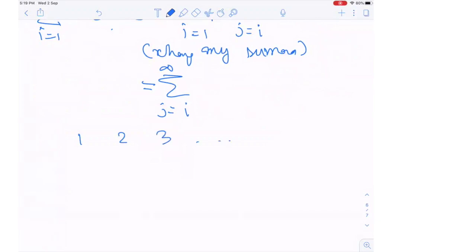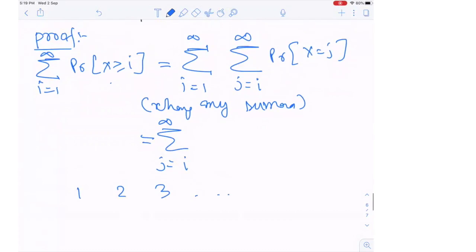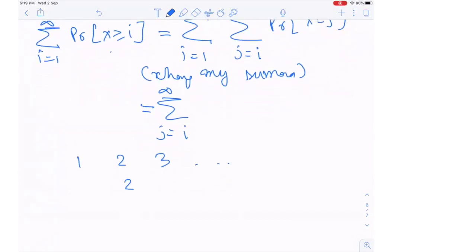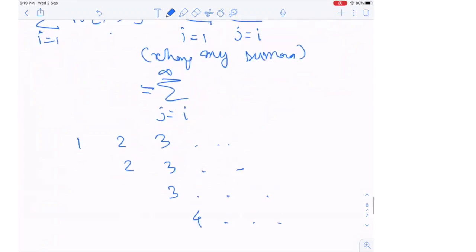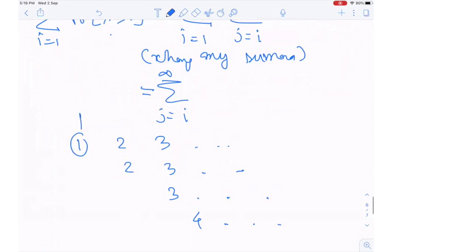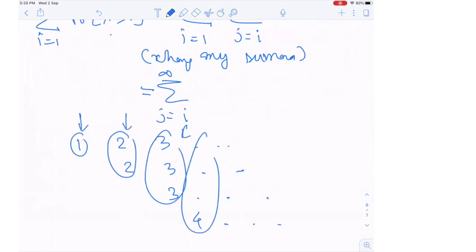Next time, the summand starts from 2, so 2, 3, and so on. Next time it starts from 3, 4. So you take 1 time, 2 times, 3 times, 4 times, and so on.